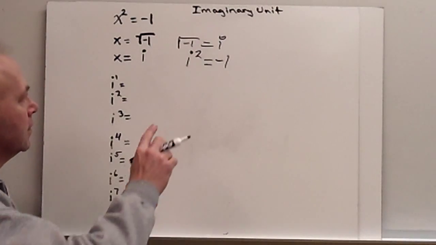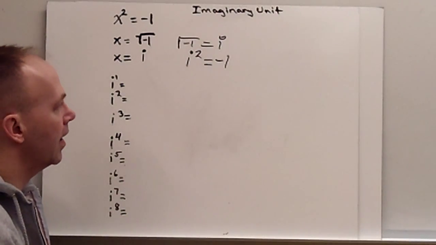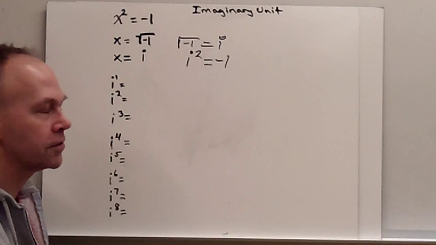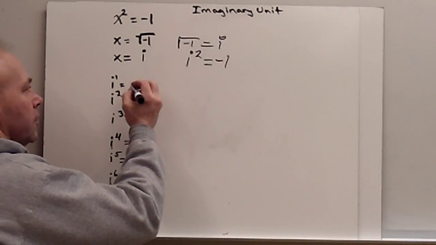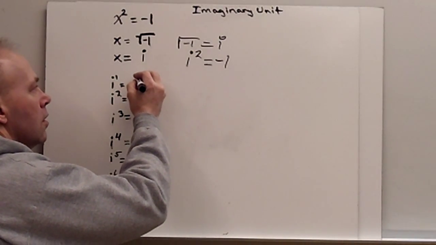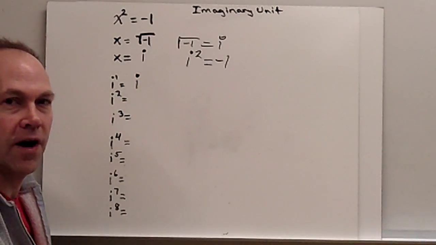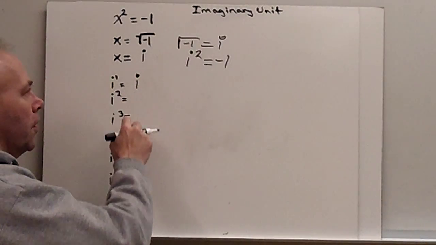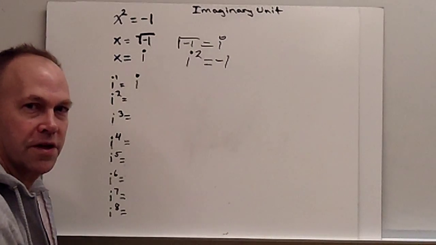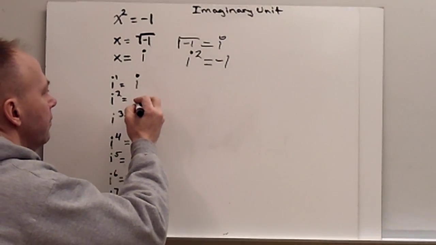Now, let's look at i raised to powers. i to the first is just itself, i. i squared is negative 1.